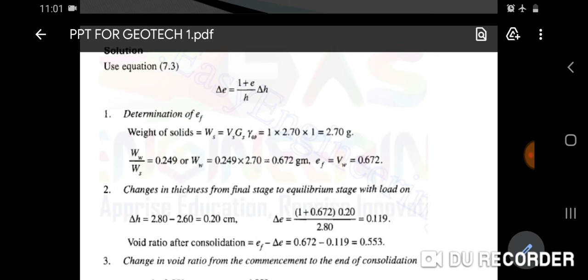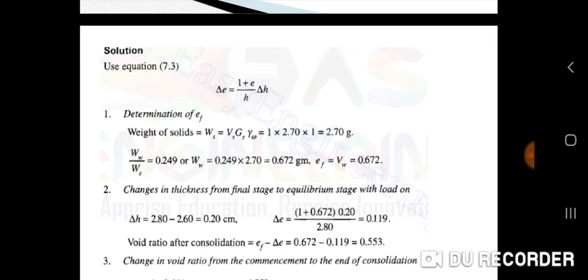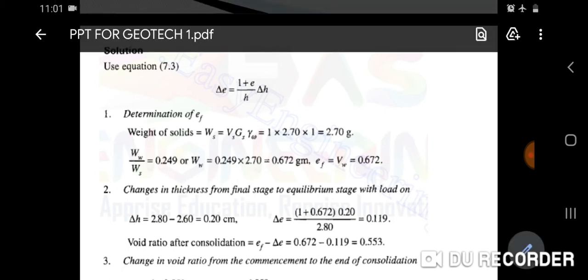This is the formula we will be requiring, and for that we will determine what is needed. The very first thing we will determine is e_f, which is the final void ratio. For that we have the formula Ws is equal to Vs into Gs into gamma w, which is given on page number 214 in V.N.S. Murthy Geotechnical Engineering.